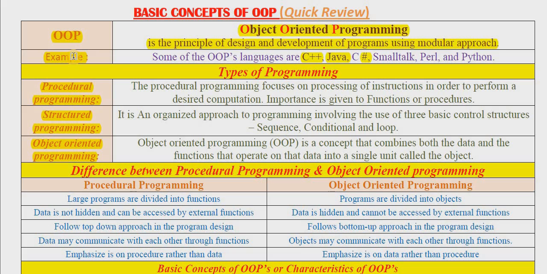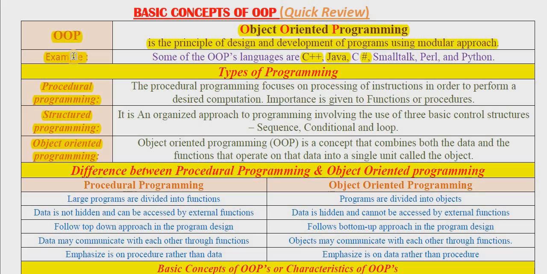In structured programming, importance is given to control structures like execution control structures such as if else, and looping structures, meaning for loop, while loop, do while loop. These are called control structures, mainly used in structured programming.